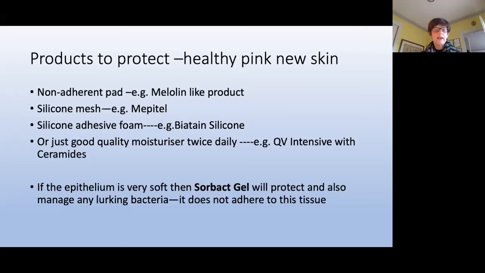Or if you're really happy, you could just use a good quality moisturiser, such as QV Intensive with ceramides, which is a new product and I encourage you to look at. The thing about the Sorbact range is that if you had Sorbact range in your trolleys, then the Sorbact gel will protect, but it will also manage any lurking bacteria without adhering to the tissue.